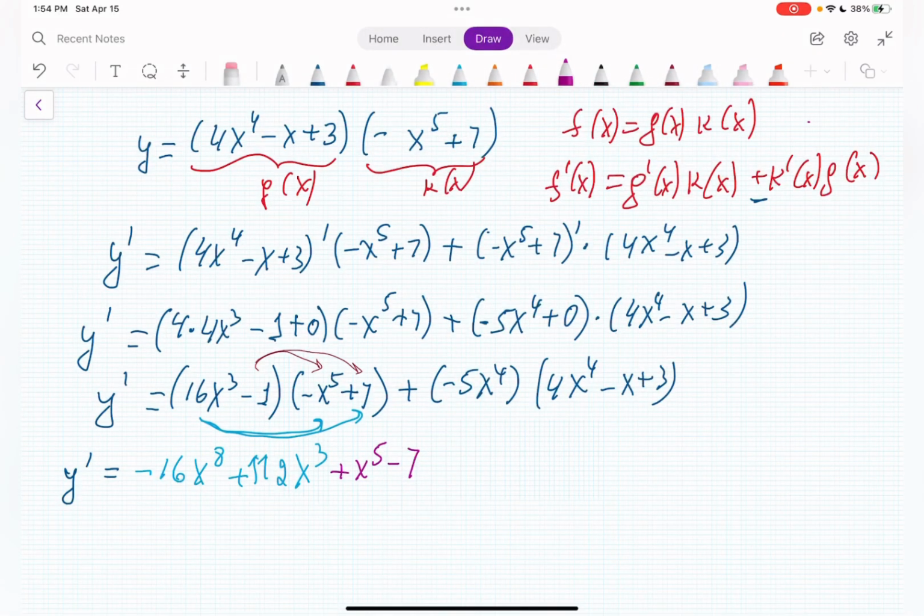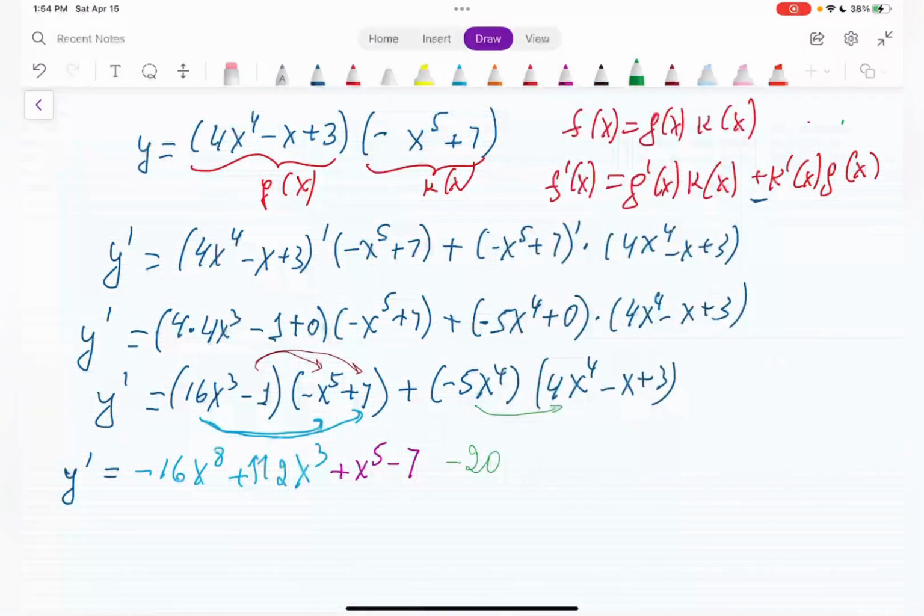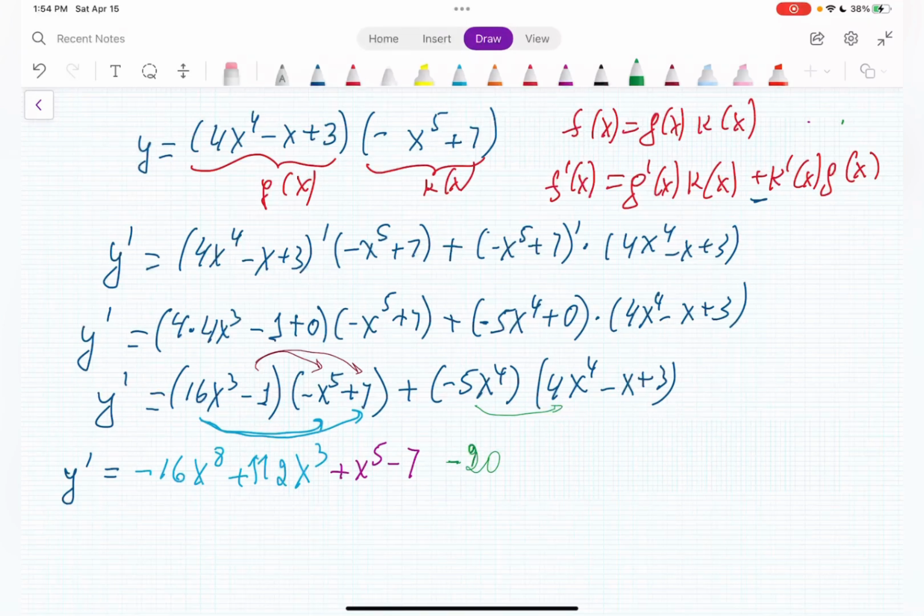Next, distributing. Distributing negative 5x to the 4 times 4x to the 4, negative 5 times 4 is negative 20, and x to the 8.